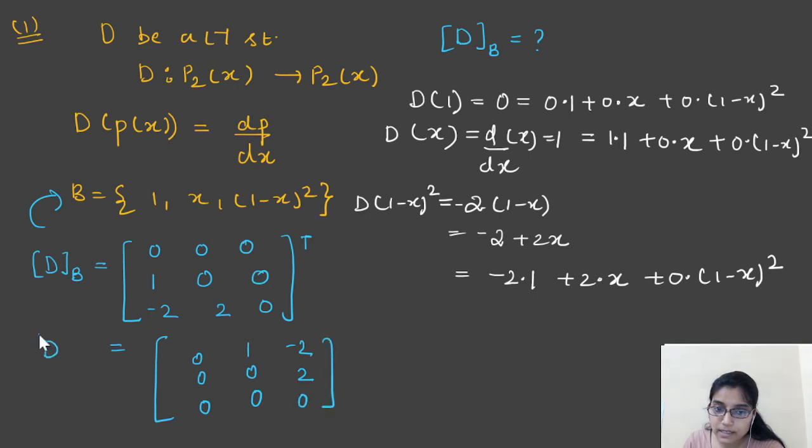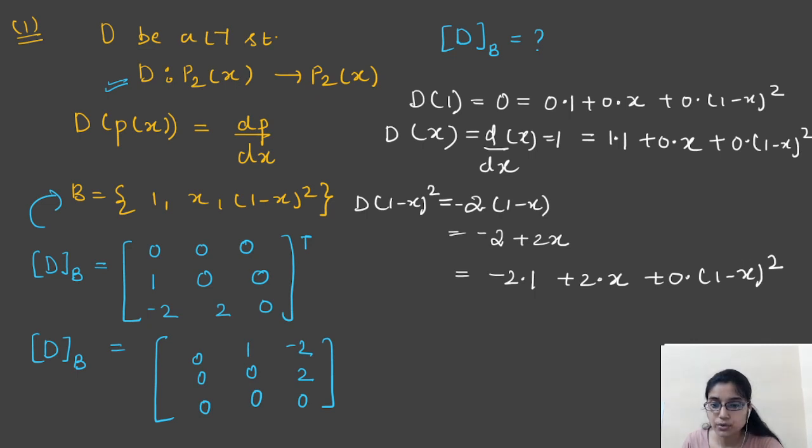This is the final answer for this question, that if we want a matrix representation of this linear transformation from P2(x) to P2(x), which maps every member of P2 to its derivative, with respect to this ordered basis, the matrix representation is this. So I hope the question is clear to you, and this was a very simple question.